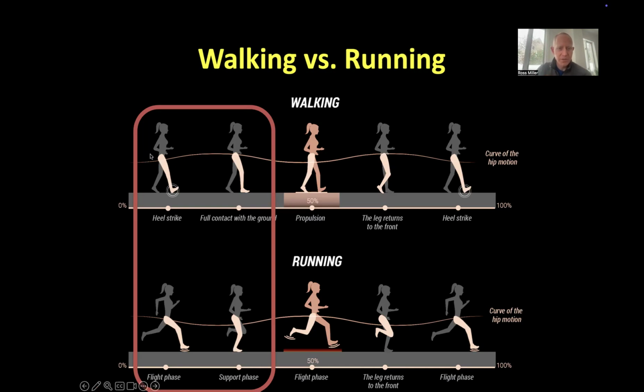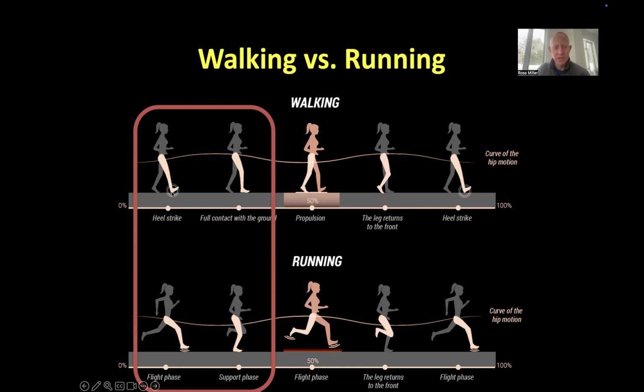But notice, both of these pictures of these gait cycles are starting at heel strike of the right leg, or at initial contact with the ground of the right leg. But as I proceed through that contact phase, the pattern of motion of the center of mass is fundamentally different between walking and running.